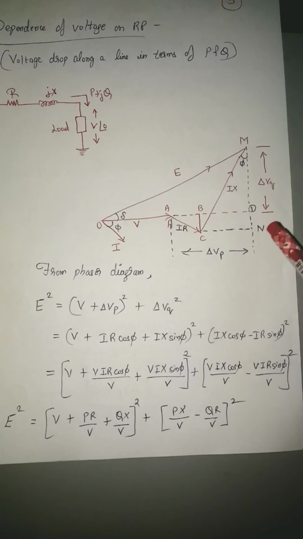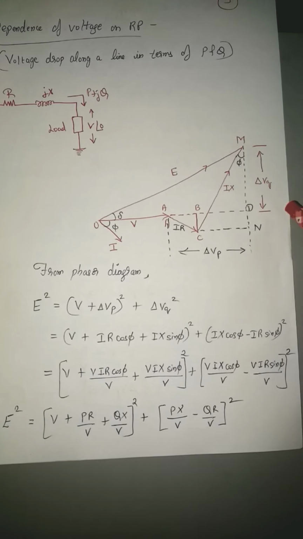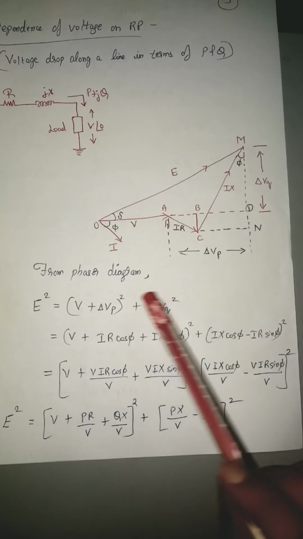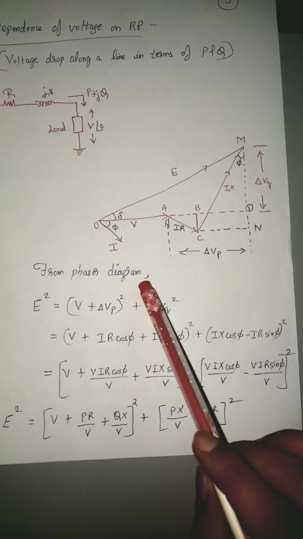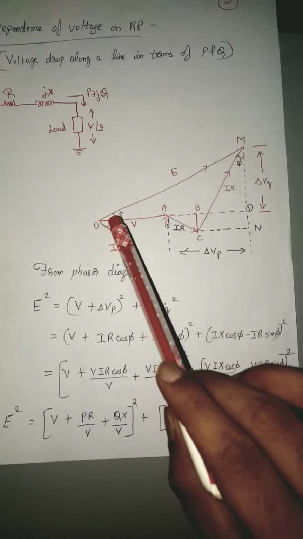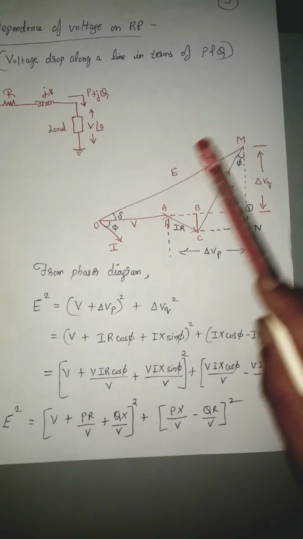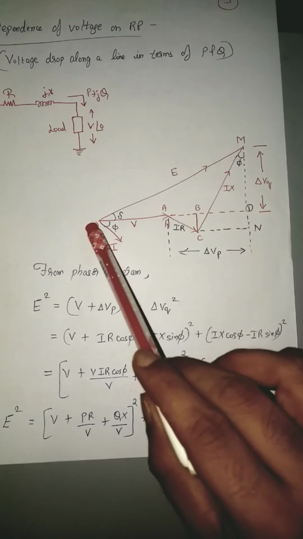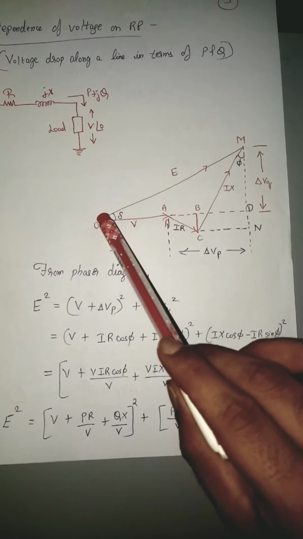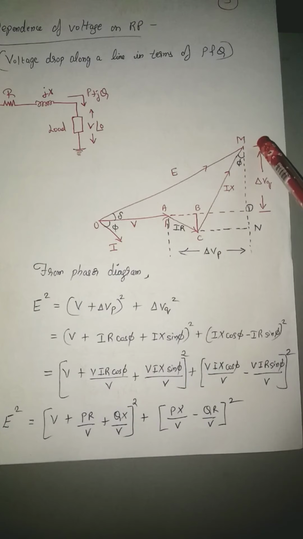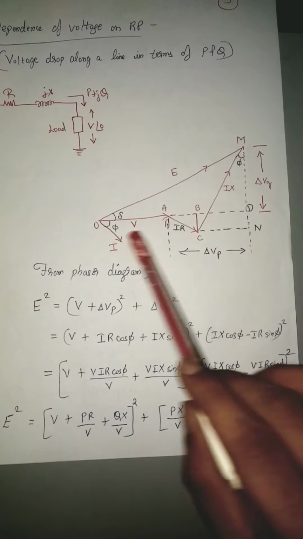From this phasor diagram, you can see this part is taken as delta VQ and this is delta VP. Coming to the phasor diagram, initially I'll be applying the Pythagoras theorem for triangle OMD. You know that the square of the hypotenuse is equal to the square of the opposite plus the square of the adjacent.